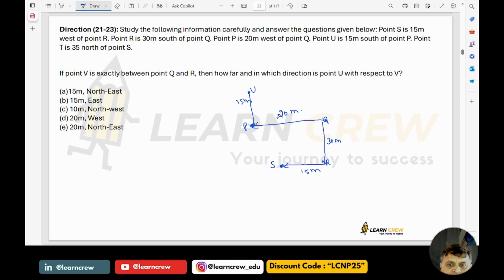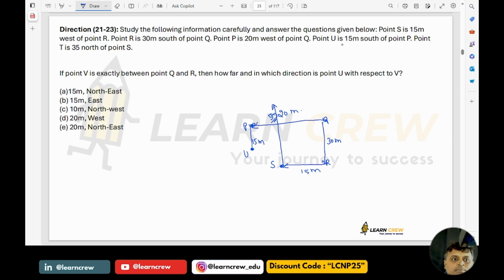Point U is 15 meters to the south of P, means here you have P, it is 15. And it is 30, it is some 5. So this total is how much? 35. It is 30, it means it is 5.